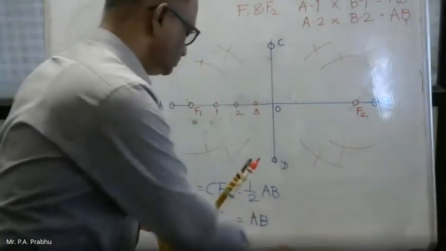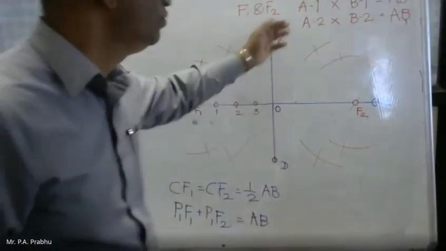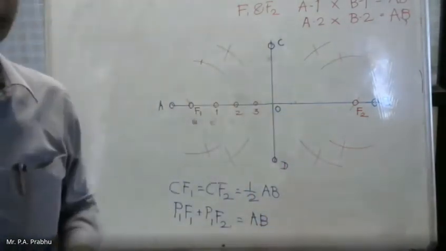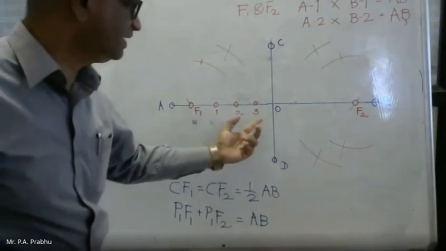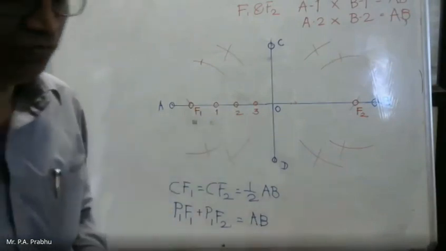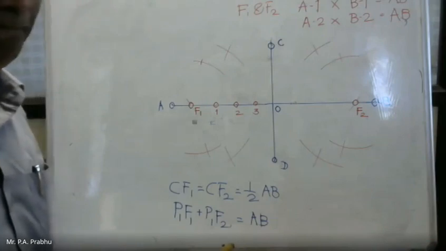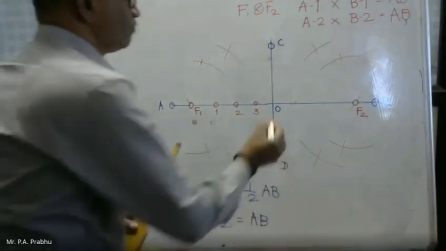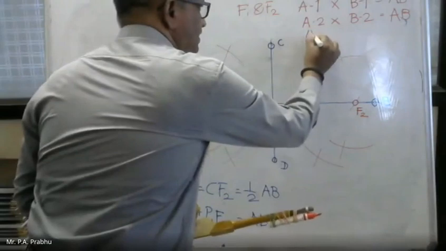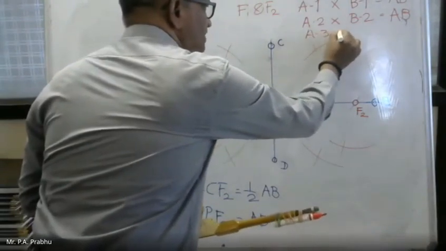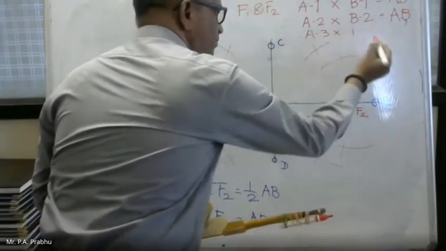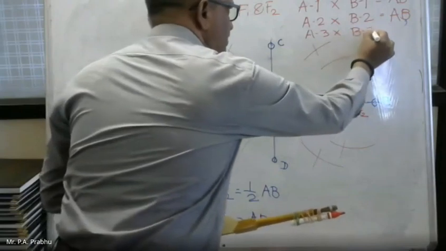Now, tell me which radius I have to take next. Take the next point 3. So what will the first radius be? Now take the radius A3. AB minus A3 will be B3.